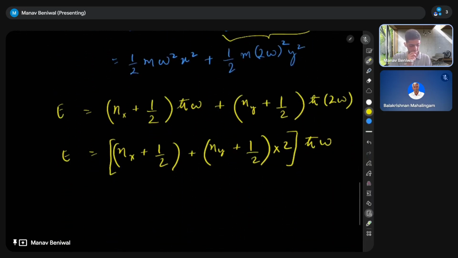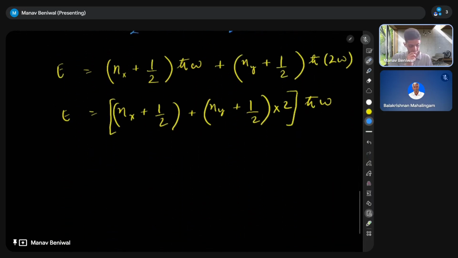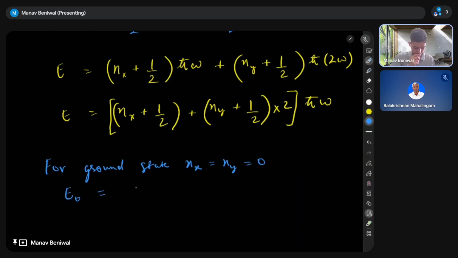So for ground state, our nx and ny both will be 0. So our ground state energy E0 will be half plus 1 h cut omega, which will be equals to 3 by 2 h cut omega.